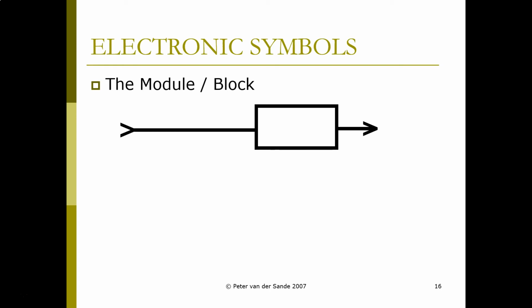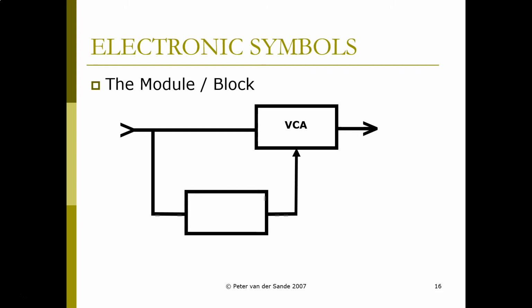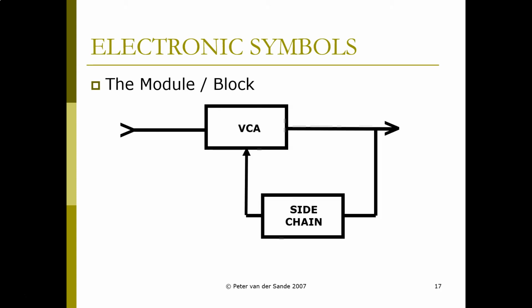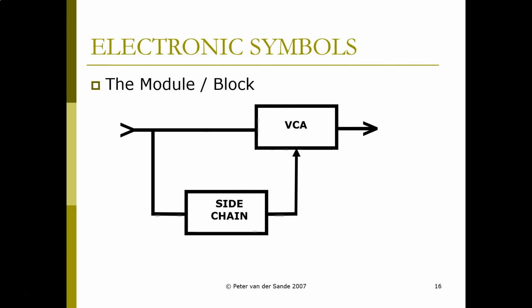So in this particular case, we're going to look at a voltage-controlled amplifier, and we're going to connect the input to a side chain, which could be an equalizer or a gain control or some other type of effect, and we're going to run that into the input of the voltage-controlled amplifier, which gives us the ability to control the level of the amplifier function based on the output of that side chain.